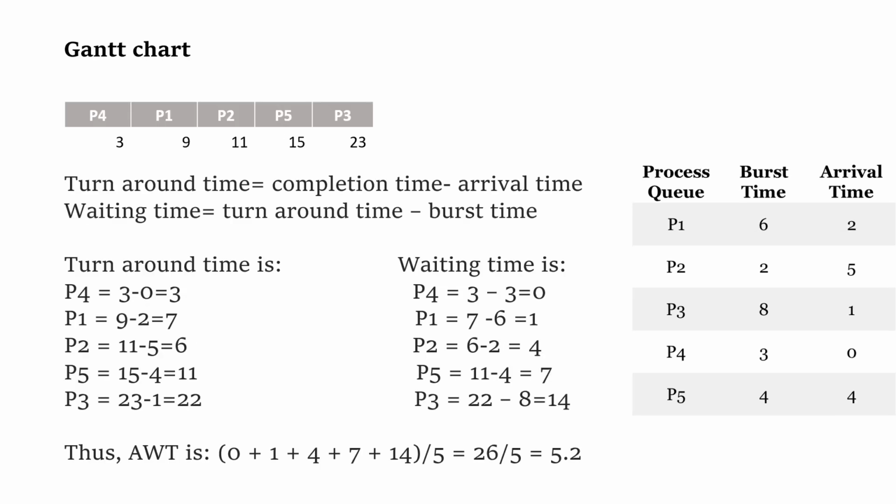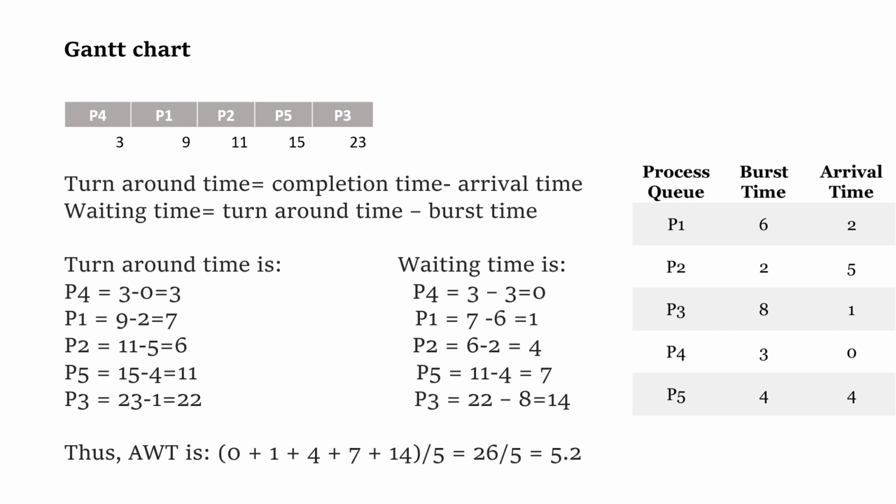Here the Gantt chart is given, which is the graphical representation of the scheduling process. P4 comes first, and it has a burst time of 3, so it executes up to 3 units of time.